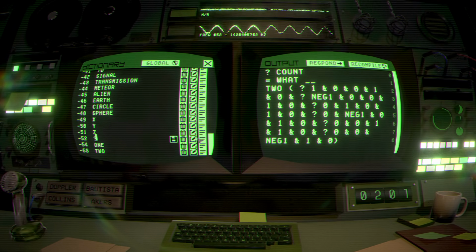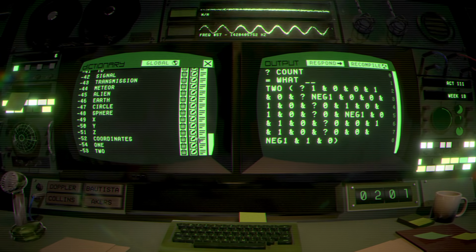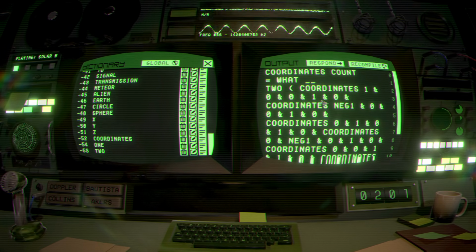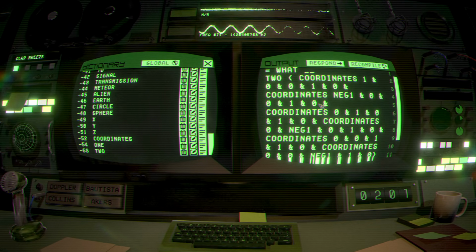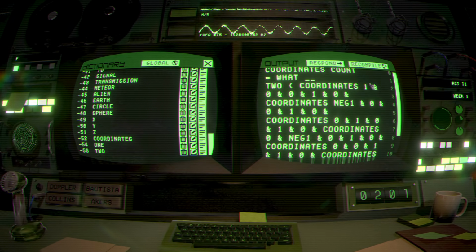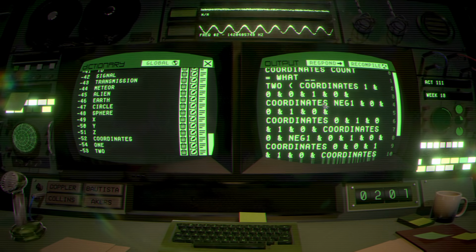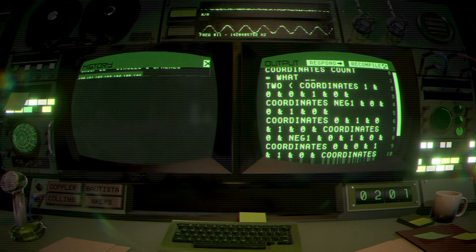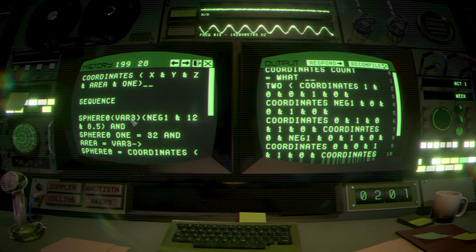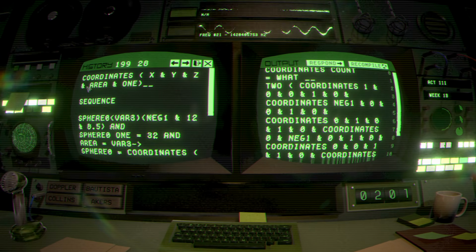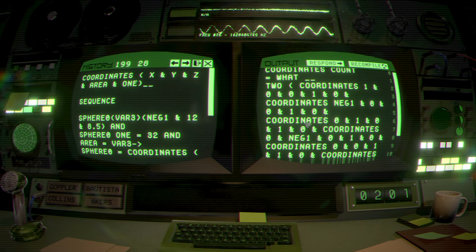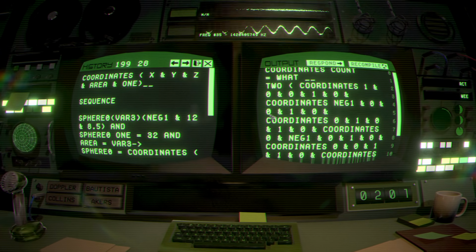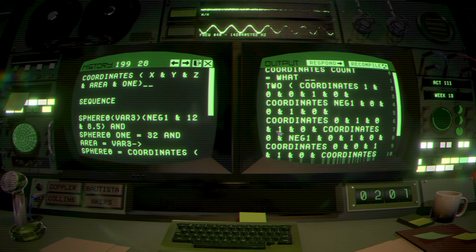Let's see. And then these are sets of coordinates, right? You know what I'm saying? So what did we say last time? A coordinate has 1, 2, 3, 1, 2, 3, 4, 5 variables. So 1, 5, 1, 2, 5, 5.